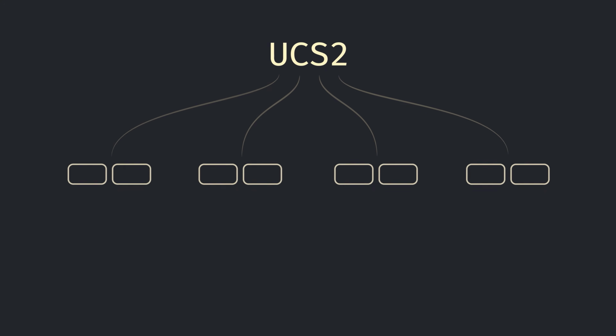UTF-8 is nothing short of incredible, but without talking about the not-so-great UTF-16, this video wouldn't feel complete. Because initially, Unicode had a much smaller capacity, around 65,000, or 2 to the 16. And because UTF-8 wasn't yet widely adopted, there was UCS2, a fixed-length 2-byte per character encoding.